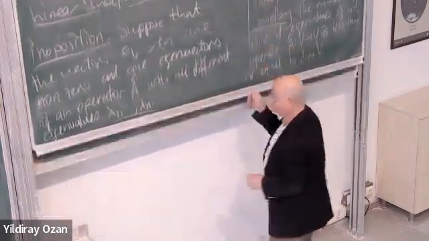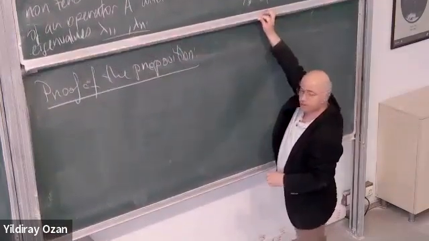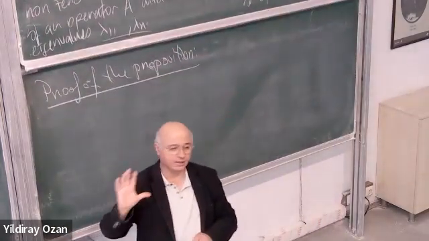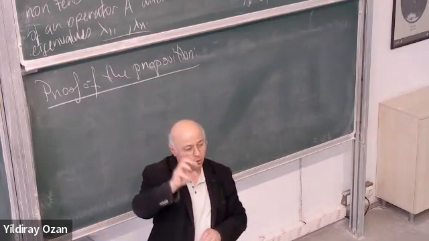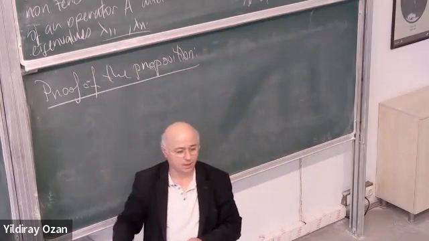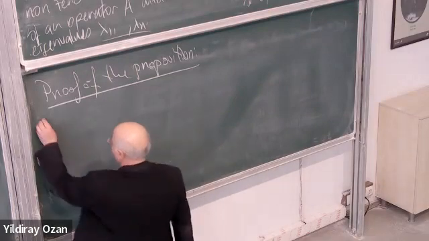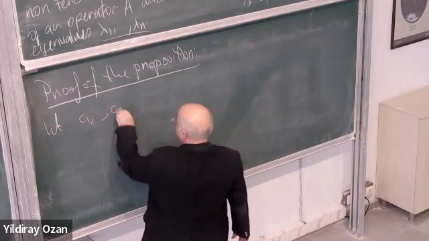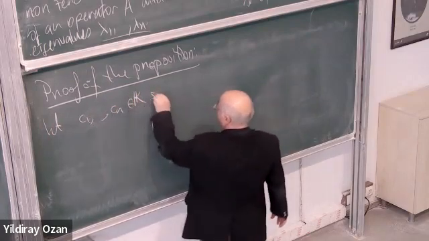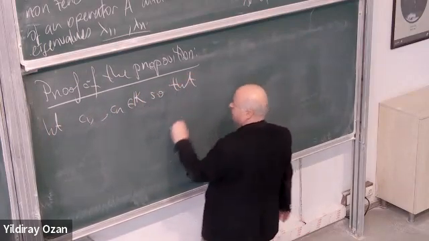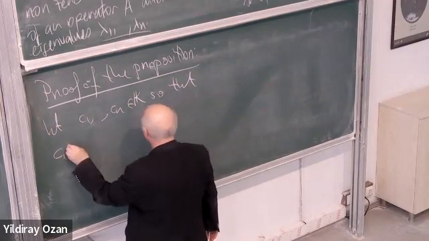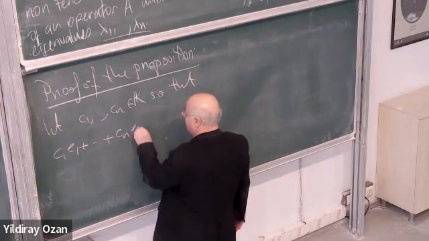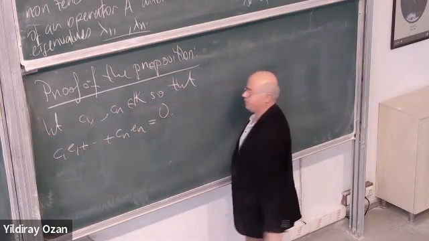To show that a set is linearly independent, you just take an arbitrary linear combination, set it equal to 0, and then show that all the coefficients of the vectors are necessarily 0. So let c1, ..., cn be in K, so that c1 e1 + ... + cn en is equal to 0.